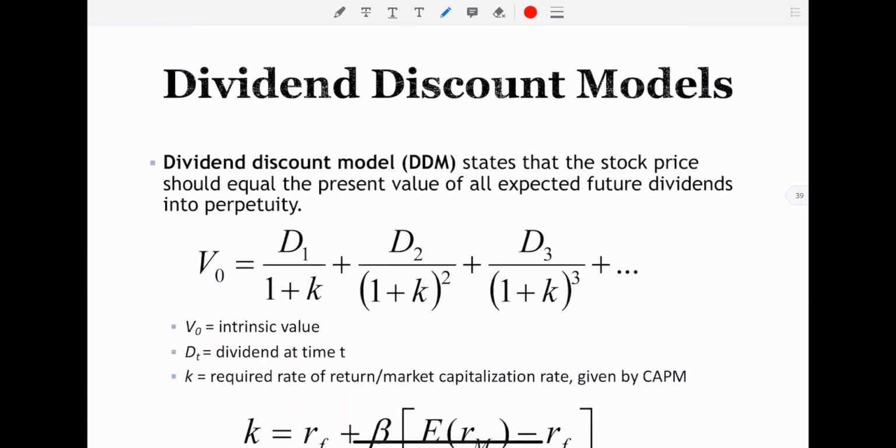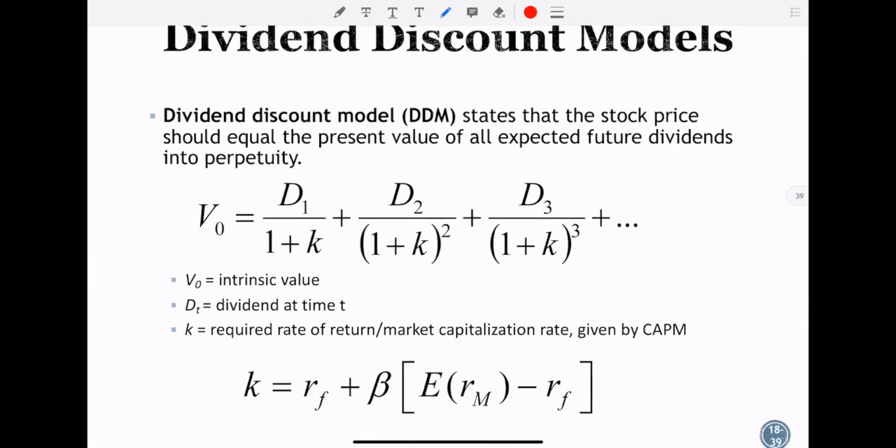Okay, so what is this dividend discount model about? It basically says the stock price should equal the present value of all expected future dividends into perpetuity. You can see that this is a very familiar type of formula.